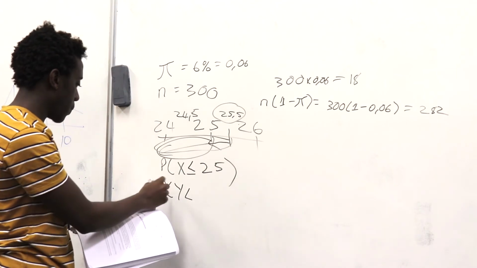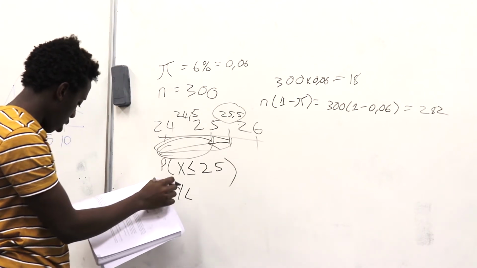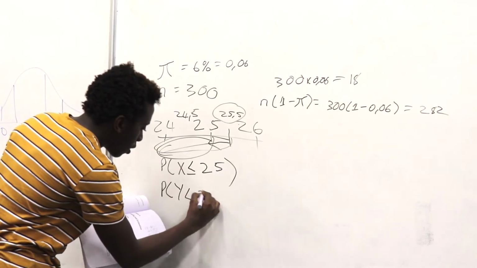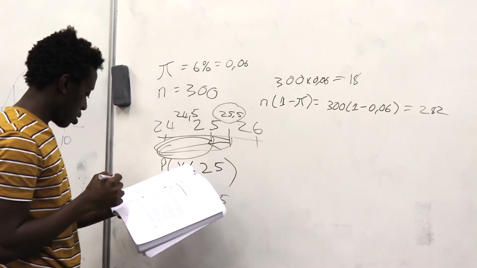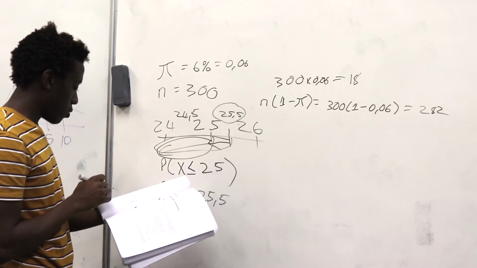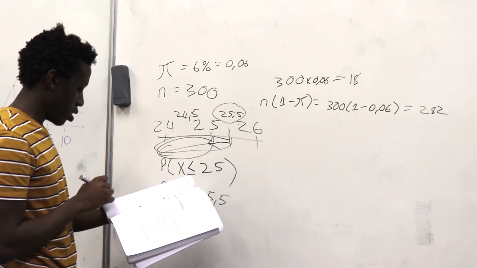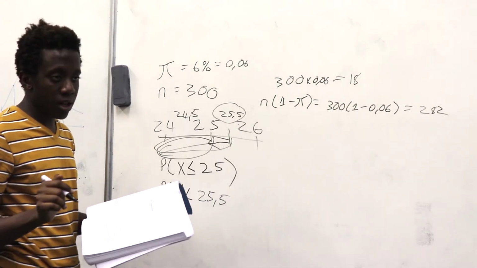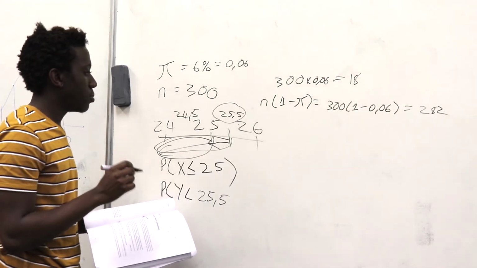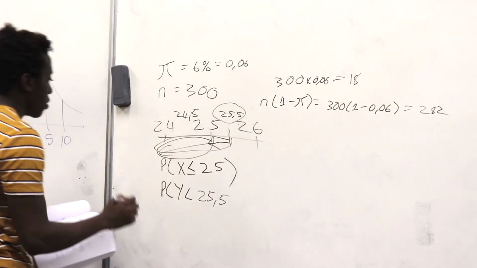So then we're going to say the probability that y is less than 25.5. And if we're trying to work that out, what we do is follow the formula. Now we need to change it to a z value. You can do it on the side over here.